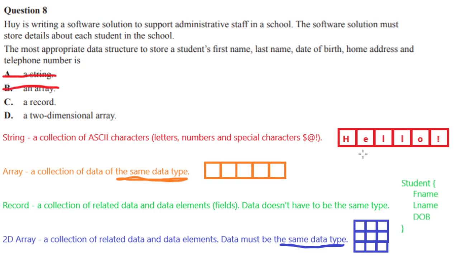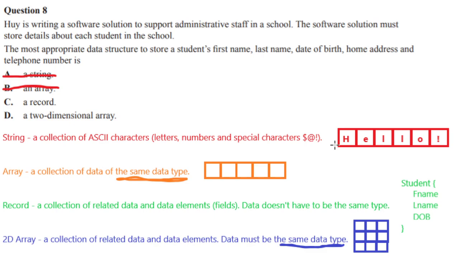The next one is a record. This one's looking a bit promising. Even the example kind of shows it as well, if that gives you any hints. A record stores groups of data about a particular object.